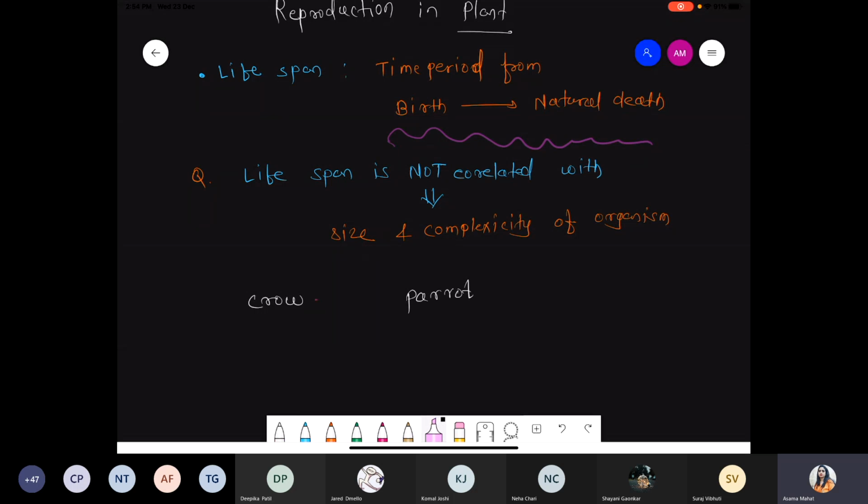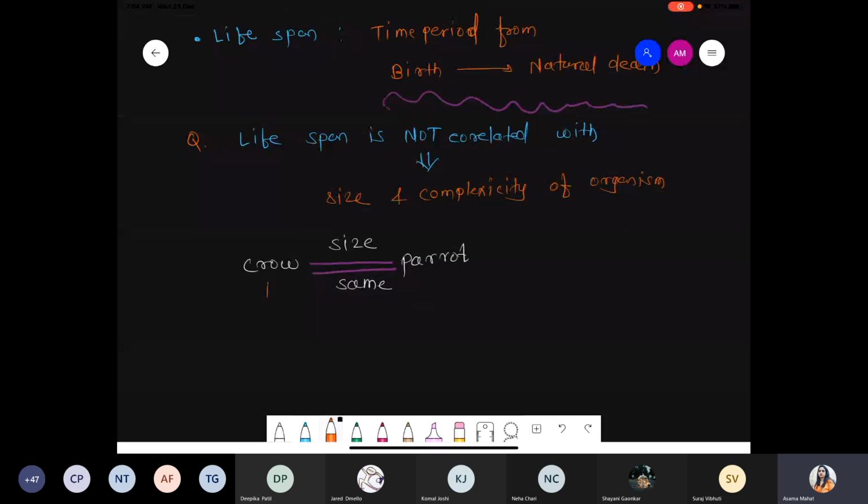When you compare the crow and the parrot, approximately the size of both birds is the same. Whenever we are talking about the size parameter, the crow and parrot size are approximately the same. But when you compare with their lifespan, okay, the crow lifespan is approximately 15 years, and the parrot can live up to 140 years.